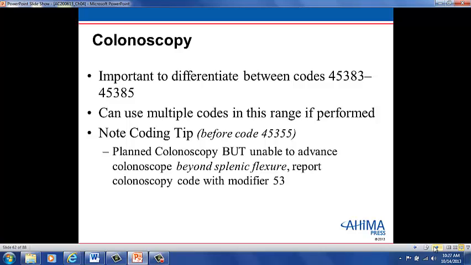It is important to differentiate between codes 45383 and 45385, which are in regards to the ablation or a snare for removal.